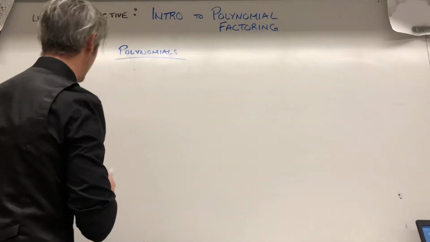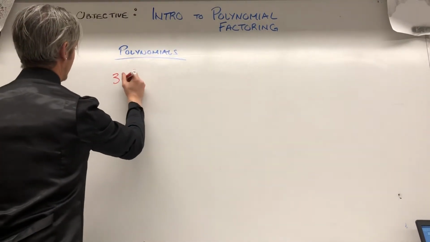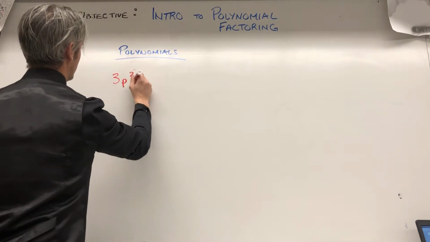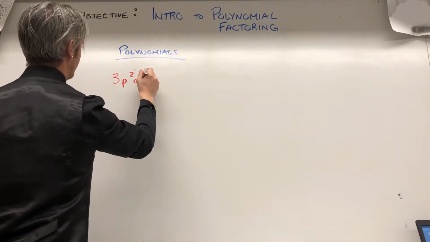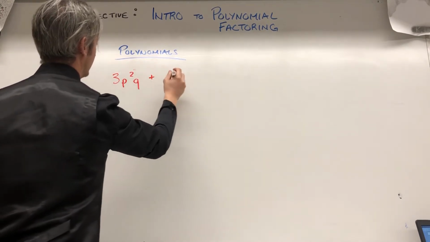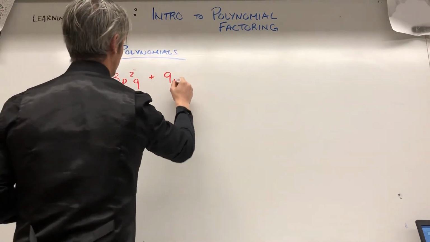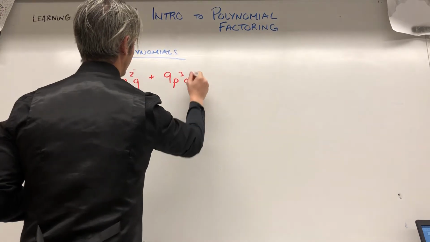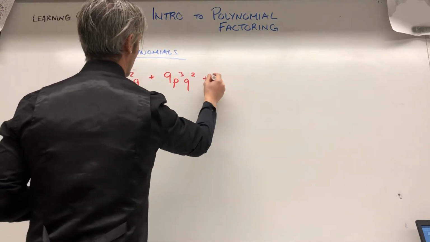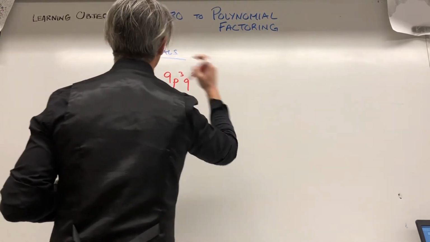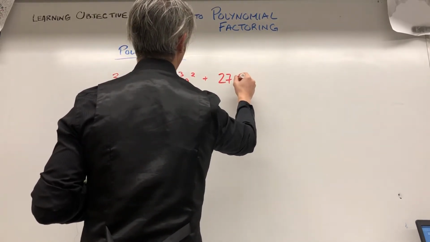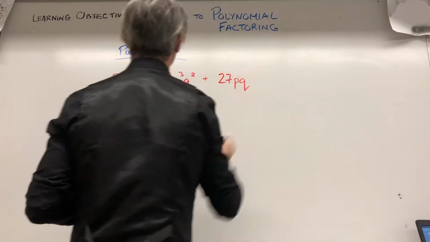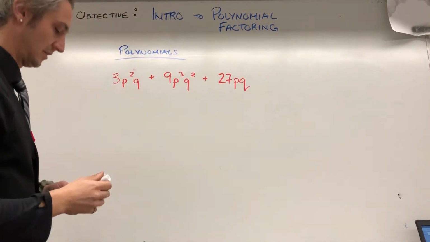So let's say I had 3p²q plus 9p³q² plus 27pq. Okay, so I start with each one.